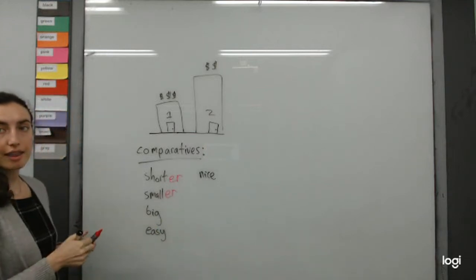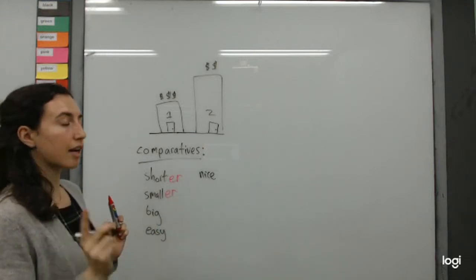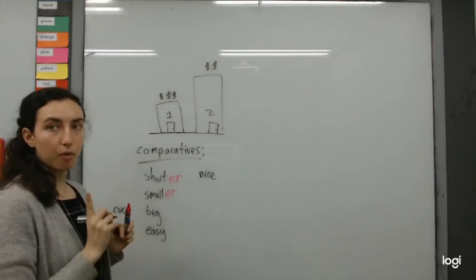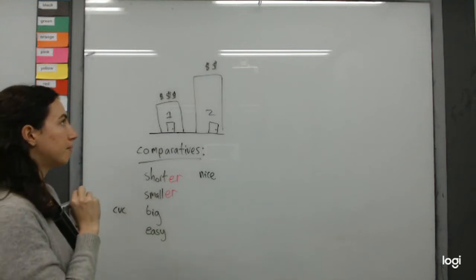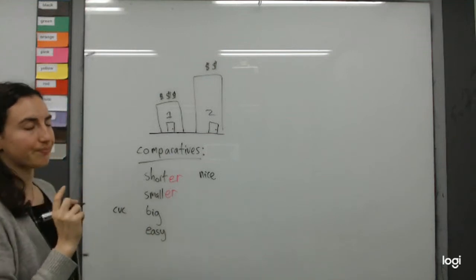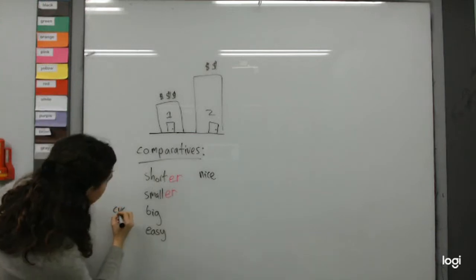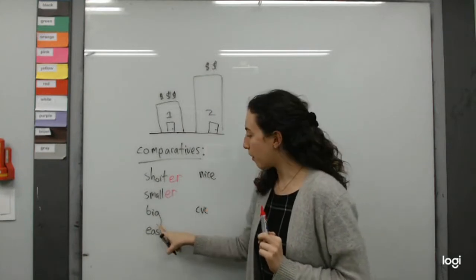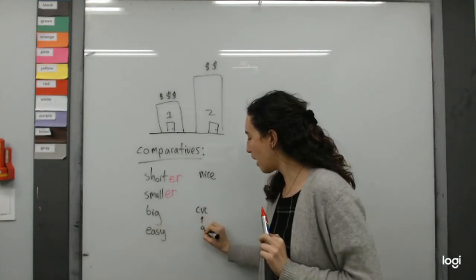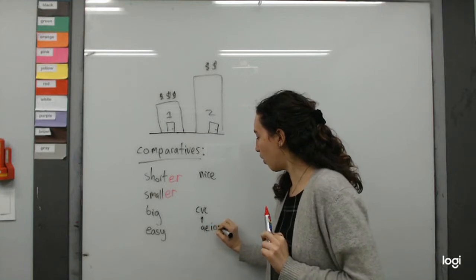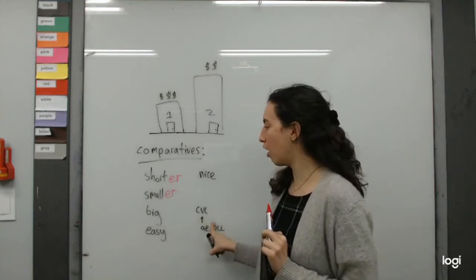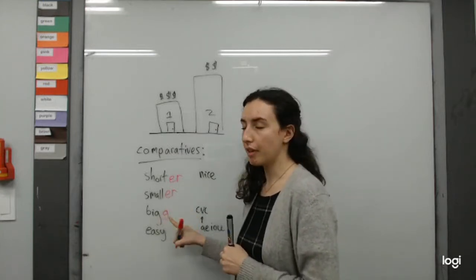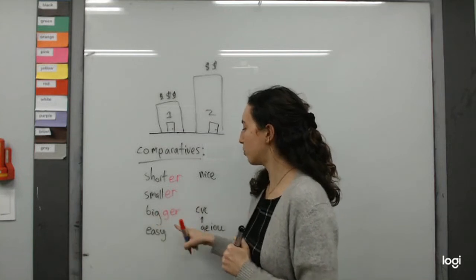For a word that is consonant, vowel, consonant, if you remember, vowels are A, E, I, O, U, and consonants are all other letters, then we double the last letter before we add ER, so we have bigger.